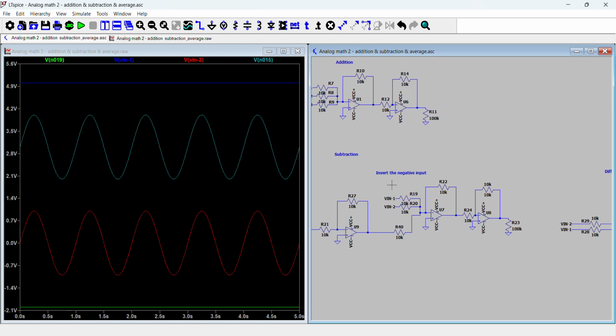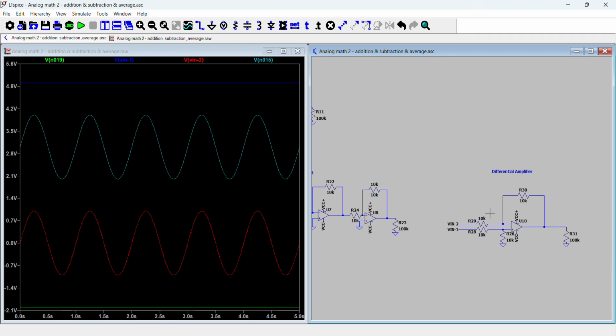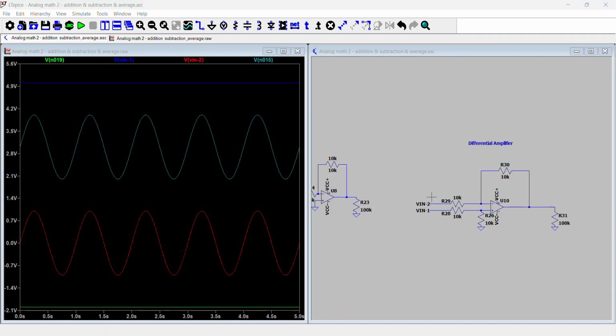The other way to do this is to use a differential amplifier configuration. And this is a bit strange. When I first looked at it, I wondered why in this setup this is V1 minus V2. Actually, this circuit is pretty straightforward. Essentially, this is an inverting amplifier, except we don't ground this positive terminal.